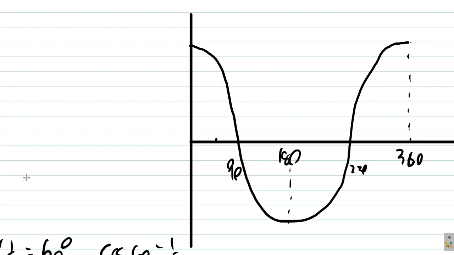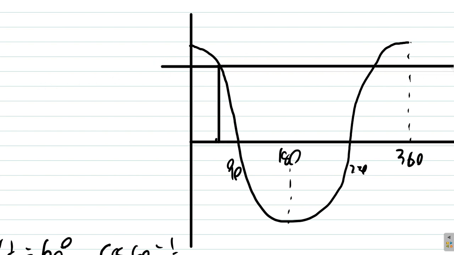Let me try and get a straight line. So this is 60, I go up to the curve, and you go across. You're going to get a value that shows you the cosine of 60.